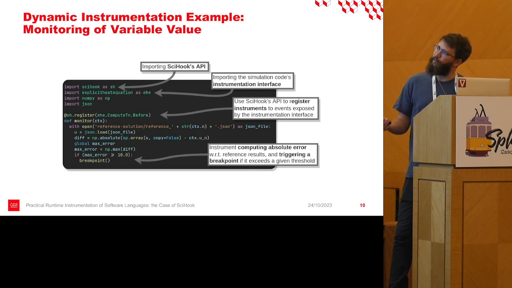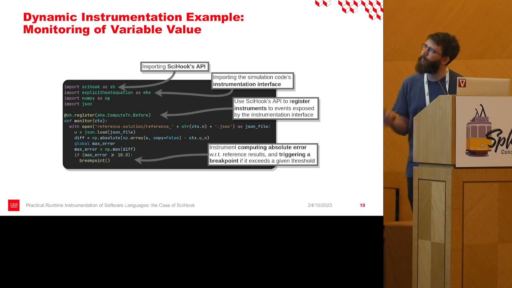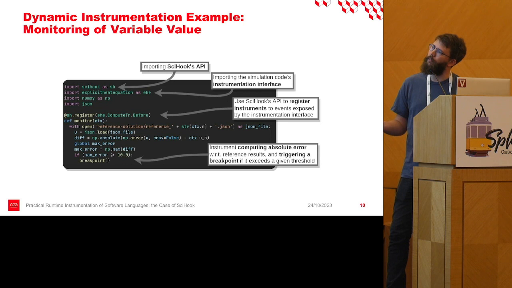So here, this function will load a reference solution, which is stored as a JSON file, and will compute the difference between the temperature at the current state of the simulation and the reference solution.